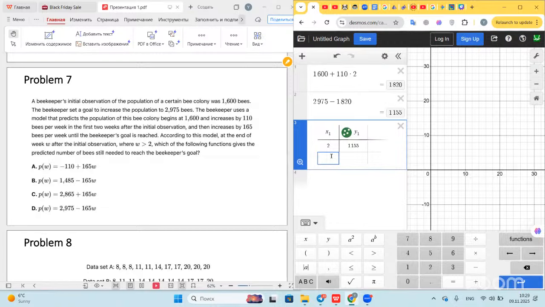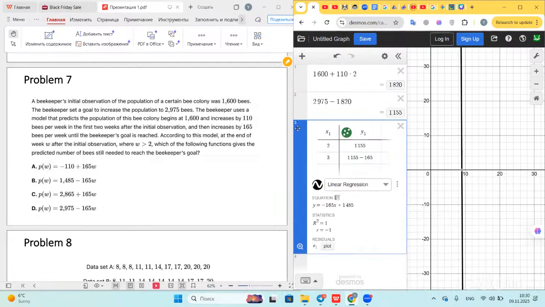The other relationship is linear, so next week, if you put 3 here, we need to subtract 165 to know how many we still need to reach our goal. Now you can see, and we can easily do this. And the correct answer is B.